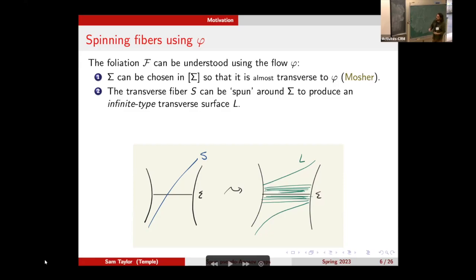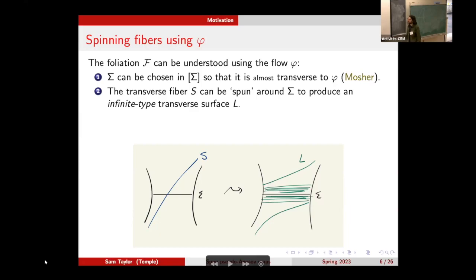And what I produce is a new surface L. Notice each time I do this operation, I pick up genus. I pick up some of the genus corresponding to sigma. So if I do this operation carefully infinitely many times, I'll get an infinite type surface L, a surface with infinite genus, that accumulates on the surface sigma, and that's the only place it accumulates.